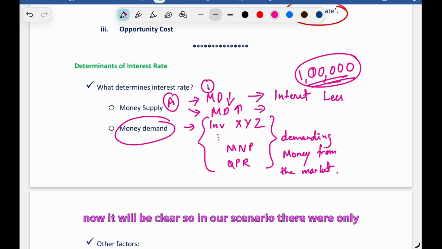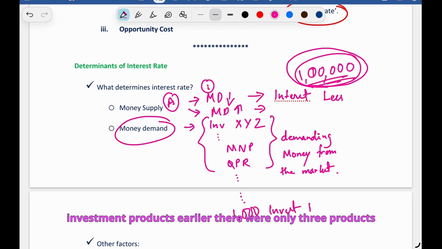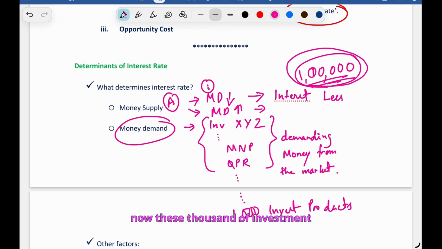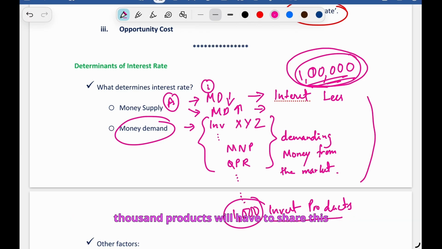So in our scenario, there were only 3 products, but supply is constant. But suppose XYZ, MNP, QPR, there are many thousands of investment products. Now these thousands of investment products are demanding money from the market. So these 1,000 products will have to share this $1 lakh, right? So the demand is more.